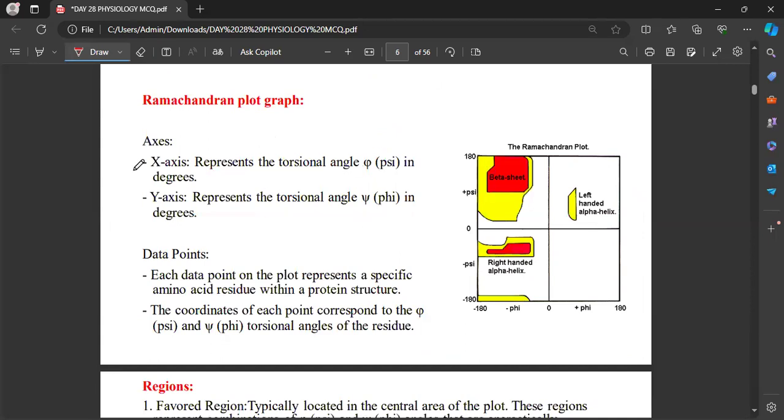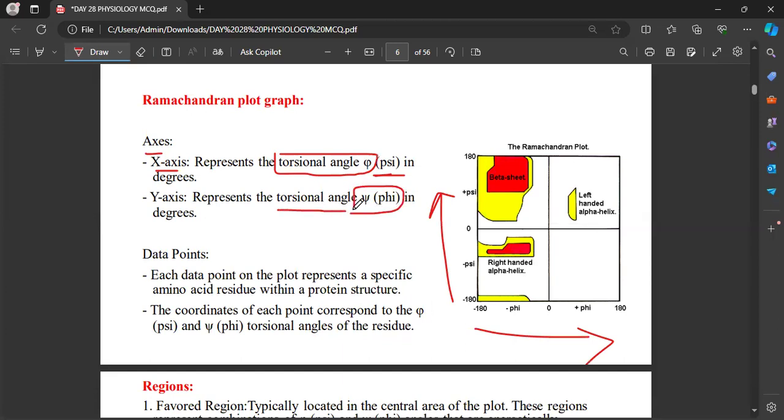Now you should know some basic information about the Ramachandran plot. We have two axes, the x-axis and the y-axis. The x-axis represents the torsional angle psi, in degrees, and the y-axis represents the torsional angle phi.